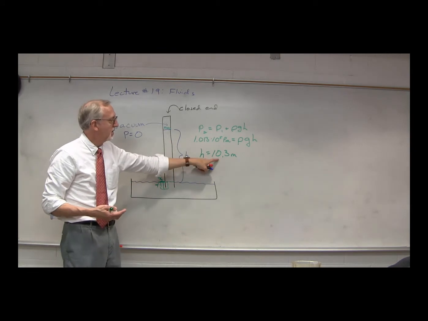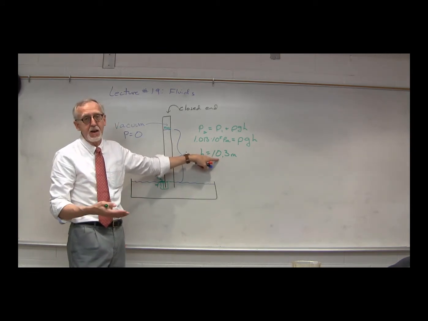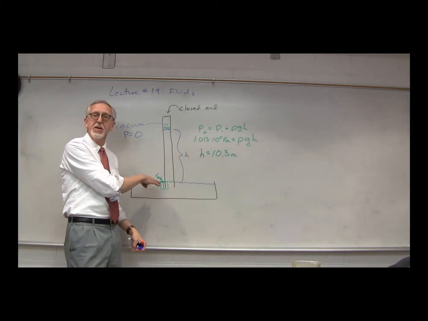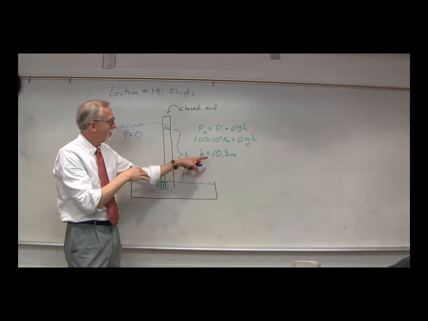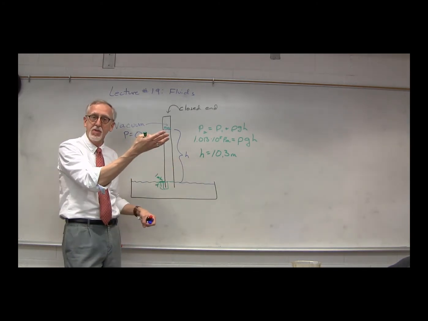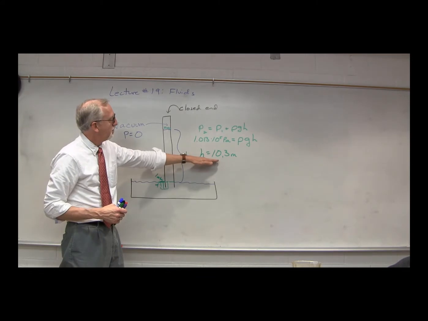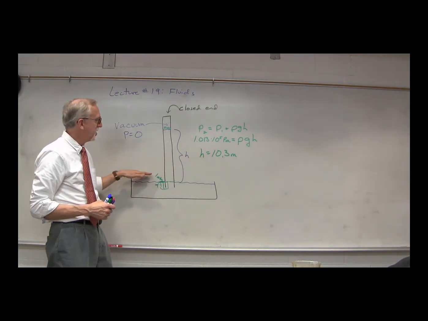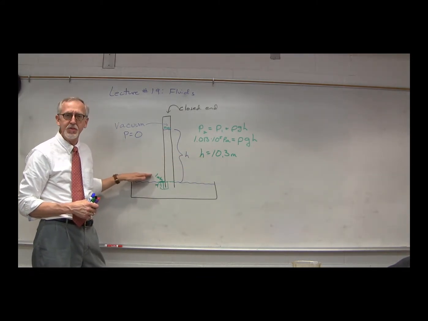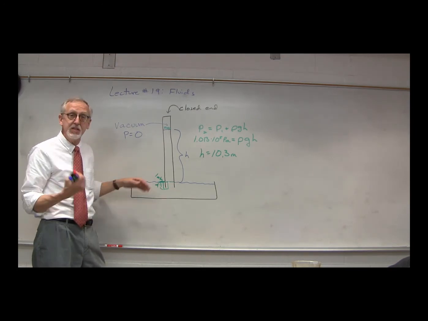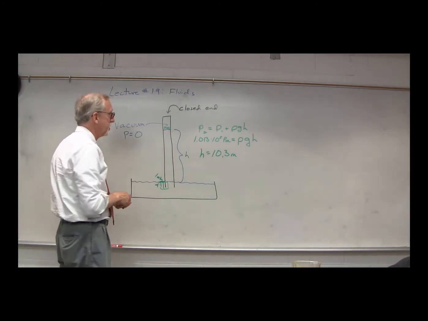If this was a little bit less, say 10.2, we'd have a day with a somewhat low pressure. If we had 10.4, we'd have a day with a higher pressure. So, by measuring what that height is, we can use that to measure what atmospheric pressure is. This is what we call a barometer.